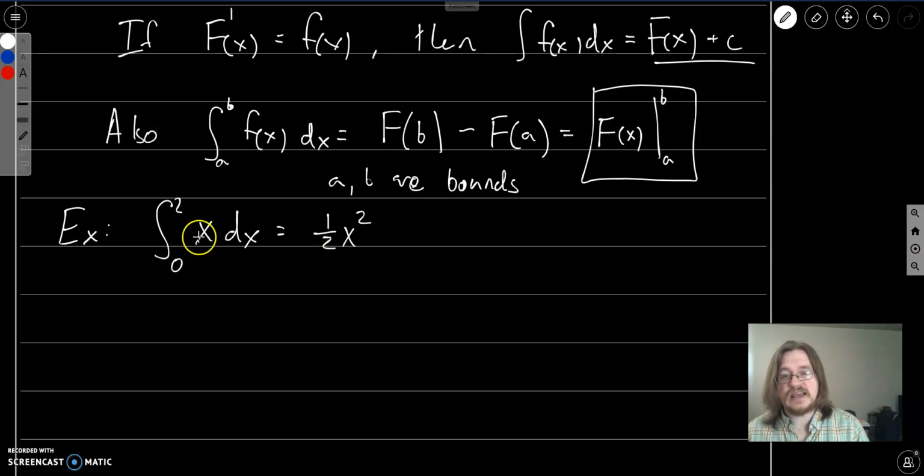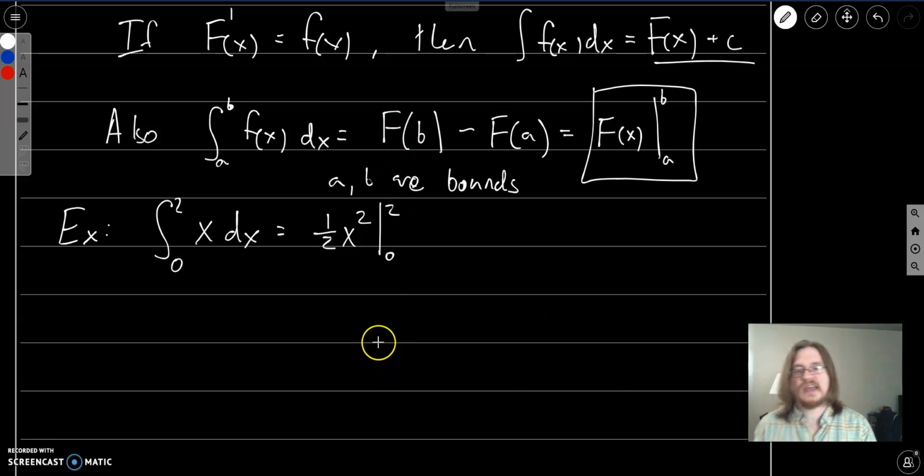So this is the antiderivative of x, and so far I haven't included my bounds anywhere. So I will include the bounds by drawing this straight vertical line, kind of like half of an absolute value symbol, and we'll write 0 on the bottom and 2 on the top, and these are our bounds.